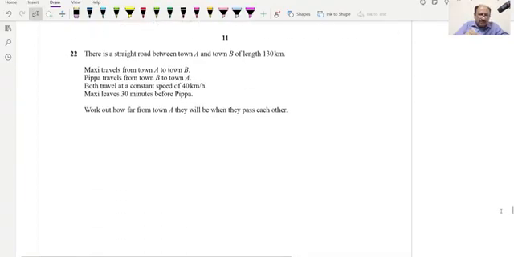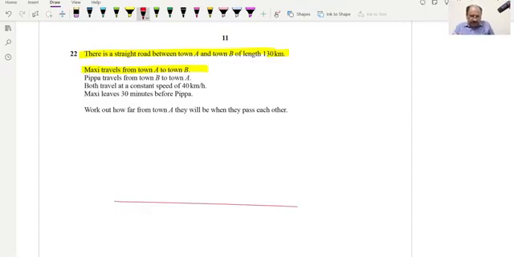Now question number 22. There is a state road between town A and town B of length 130 kilometers. Maxi travels from town A to town B. Okay, so what I will do with the question, I will draw the drawing so that you can understand the question. The simple drawing we can draw like this: one is the state road, and Maxi is suppose over here.